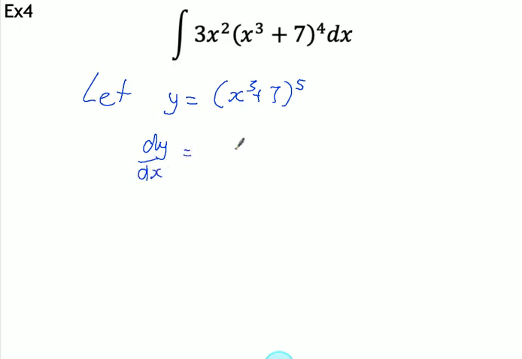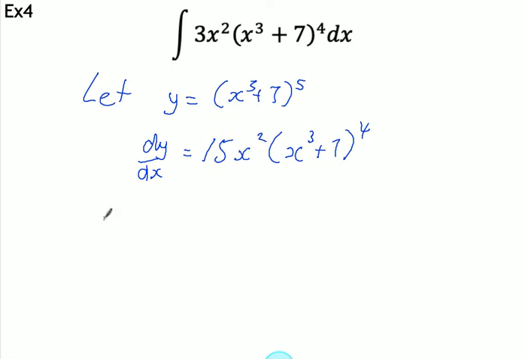So using the reverse chain rule, or using the chain rule in this case, we will get 15x squared (x cubed add 7) to the power of 4. 5 from differentiating this term, and the 3x squared from differentiating this term, multiply them together to give you 15x squared, which is not far off.